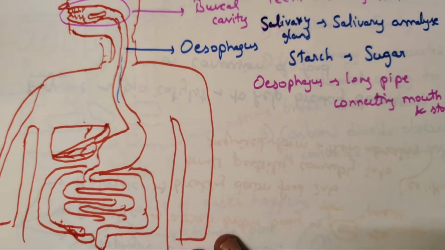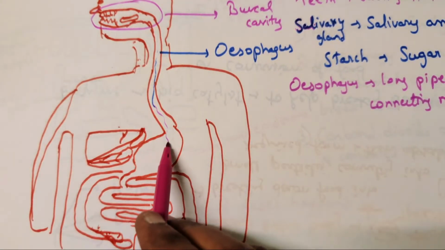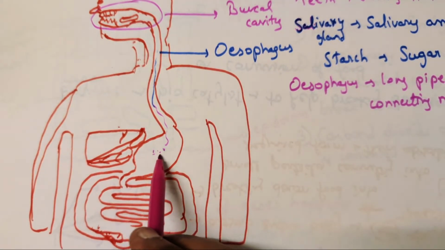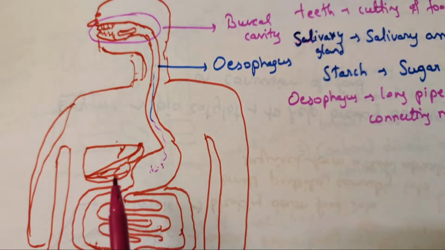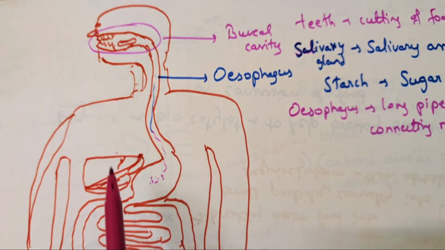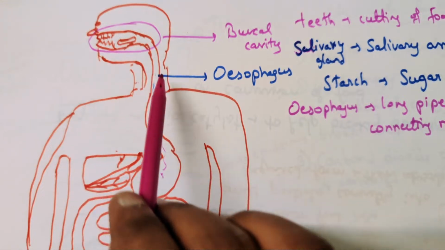From here, food now enters into the stomach. How is it entering? It is a pipe we know, but there should be some movement of the muscles such that the food from the mouth can enter into the stomach.